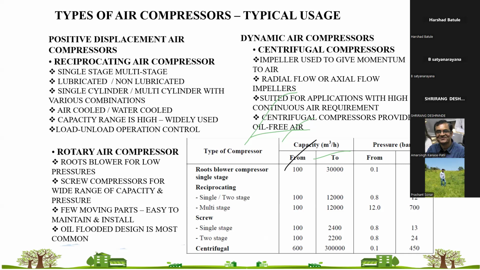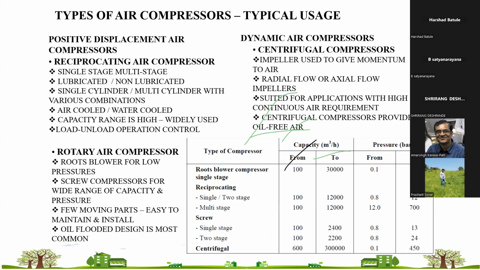For CNC, let's say I require 20 CFM across one CNC. So 20 CFM across all 10 CNCs and 25 across 10 VMCs. 20 into 10 is 200, 25 into 10 is 250, so 200 plus 250 is 450. Another cleaning application will require 50 more CFM, so it will be 500 CFM.